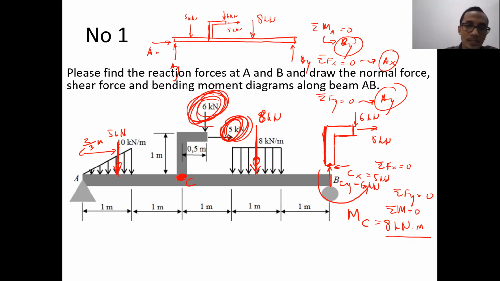The moment due to the 6 kilonewton will be 3 kilonewton meters clockwise as well. So if you calculate, we will have 8 kilonewton meters there, the value of MC.